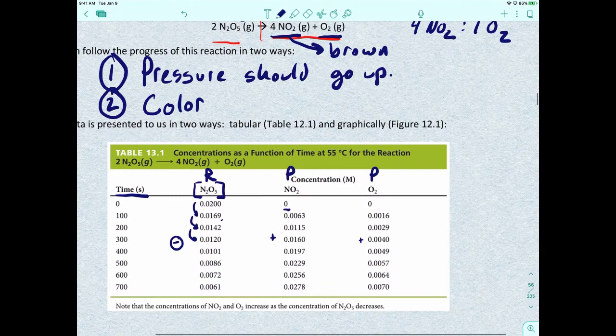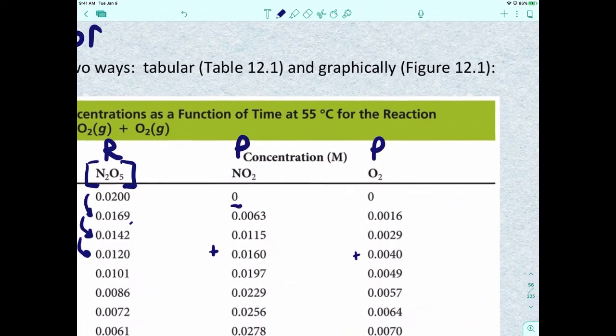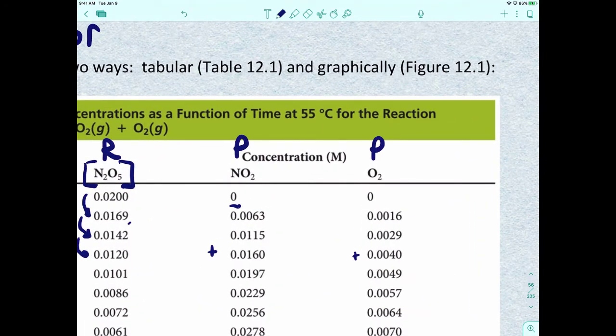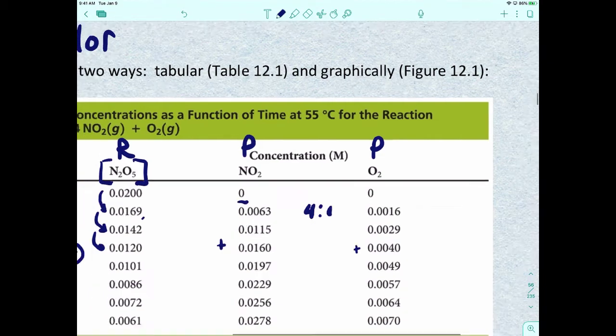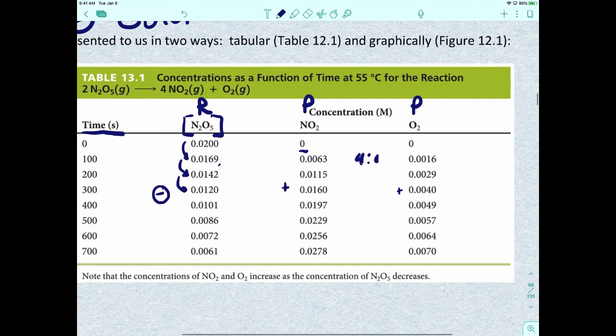And so what that means is that when we take a look at these concentrations, we're going to have a ratio of 4 to 1. So at any particular point in time, we're going to have a ratio of 4 moles of NO2 to 1 mole of O2. So that's pretty cool.